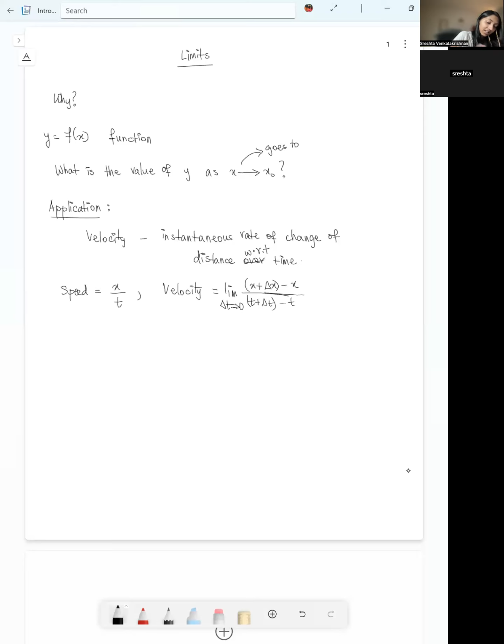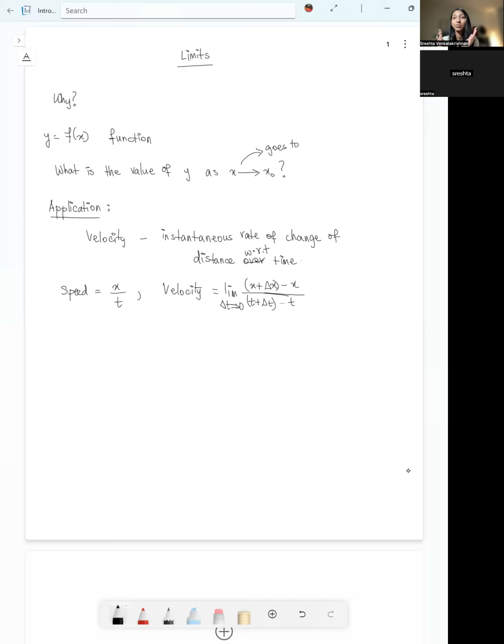So the idea is that you're moving very slightly forward in time, say from 1 second to 1.00001 seconds, and you're checking how much your car has moved in that time.